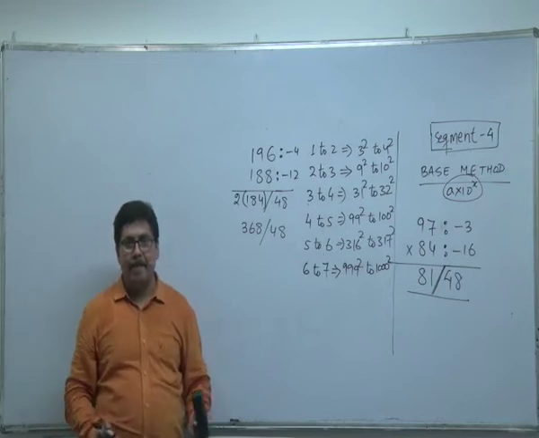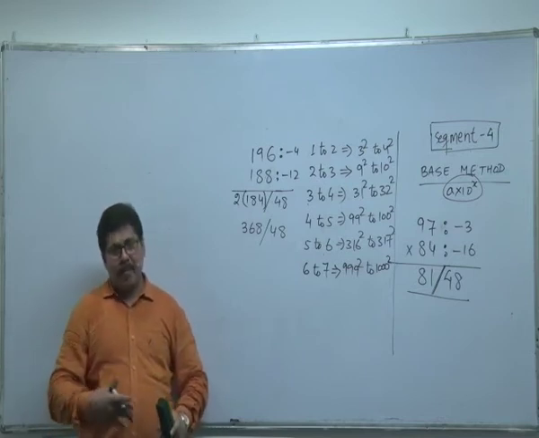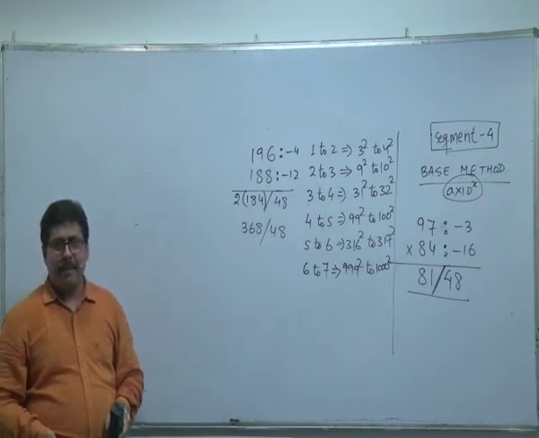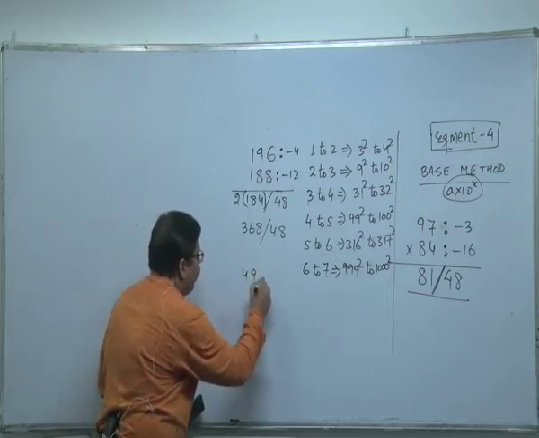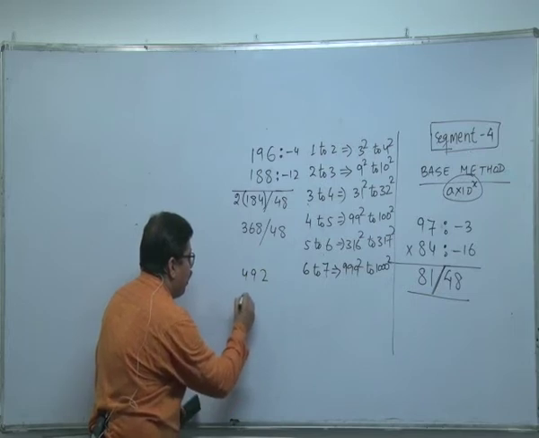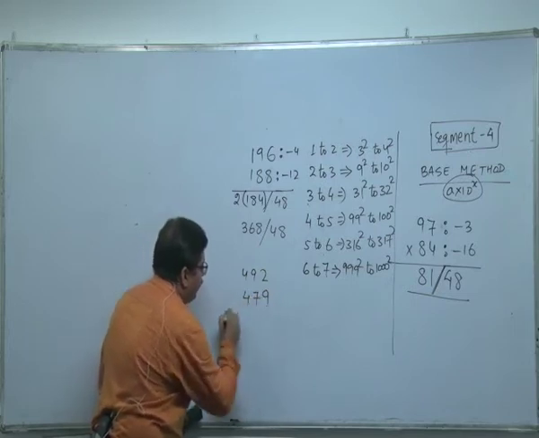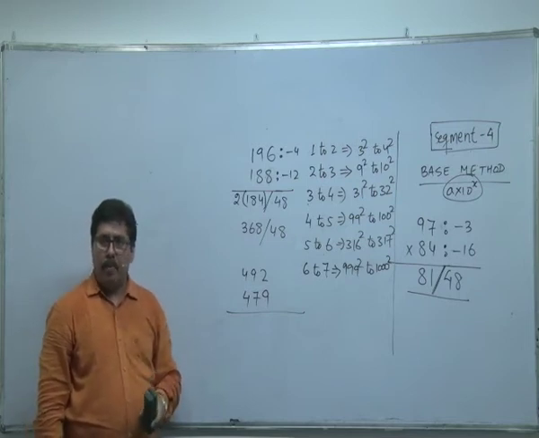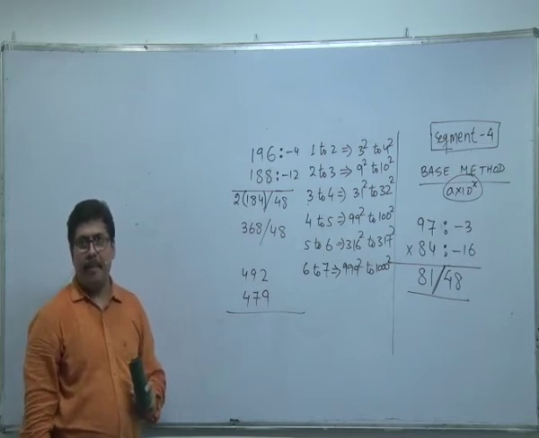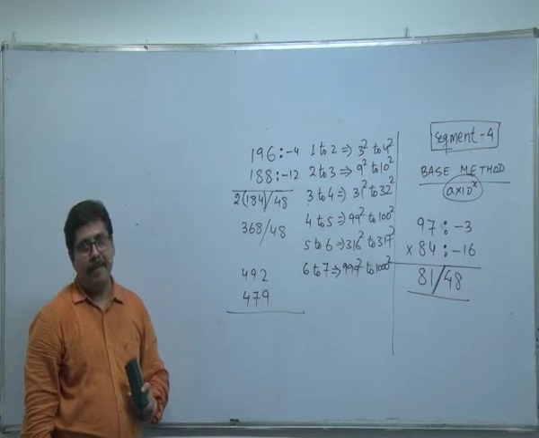I hope this is fine. Can we take one more example? Let us take numbers like 492 and 479. This time, both of the multiplicands are near about 500.